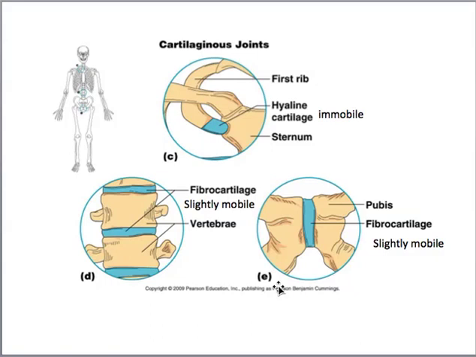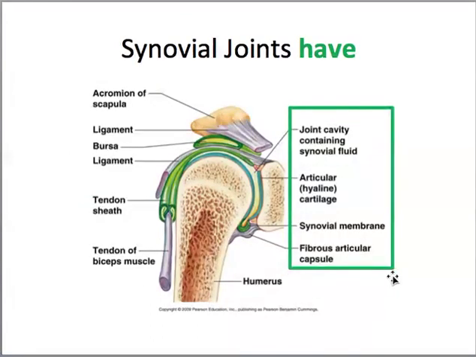Moving down, we can see an example of a synovial joint, the shoulder joint. And we actually have some excellent video material talking about the various joints in the body, various synovial joints.